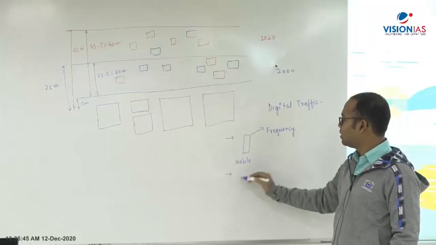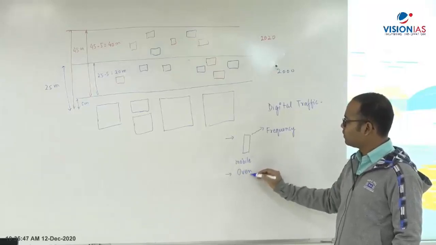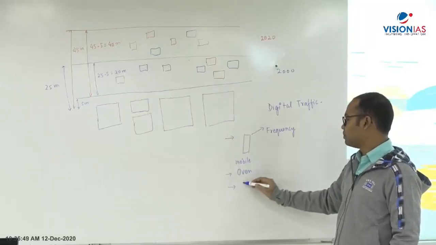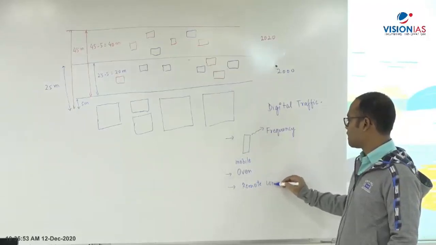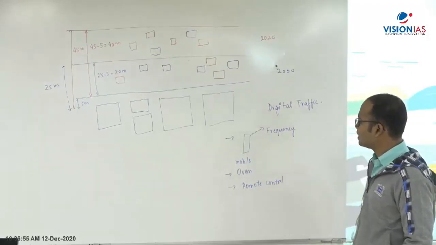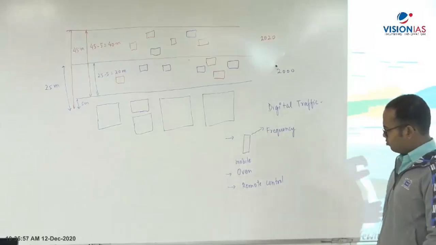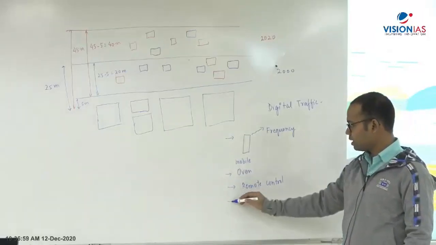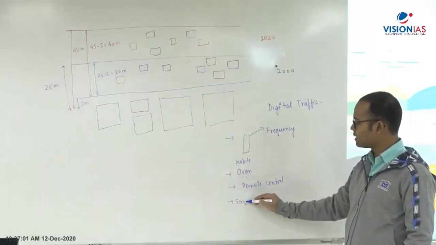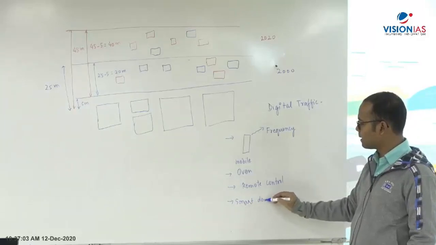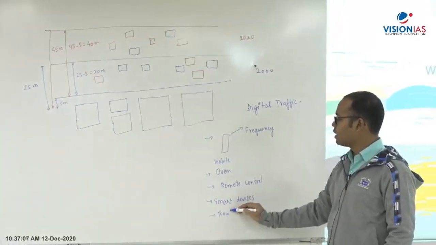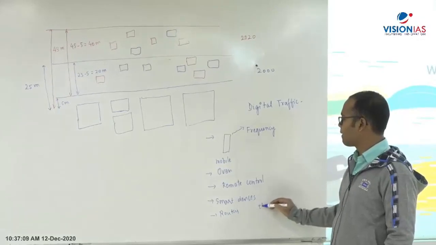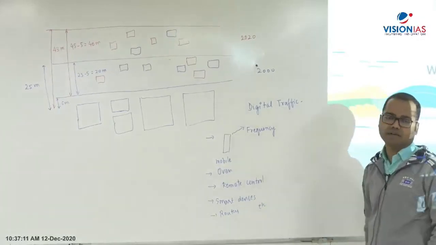For example, microwave oven, remote controls, your smart devices, smartphones, smart watches, etc. Router. So they also follow the same route. Because of that, there is congestion in the network, right?